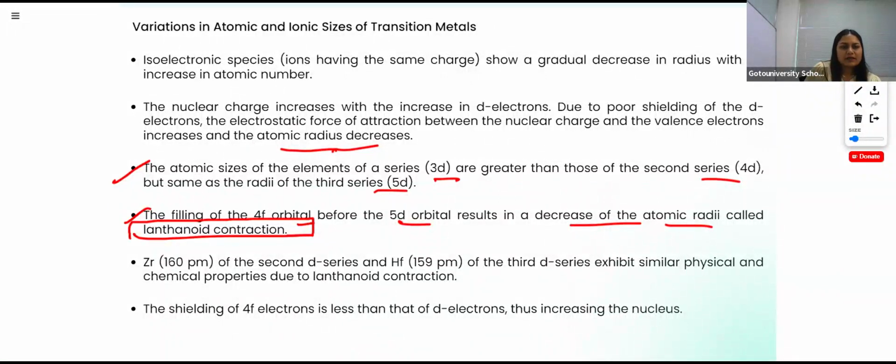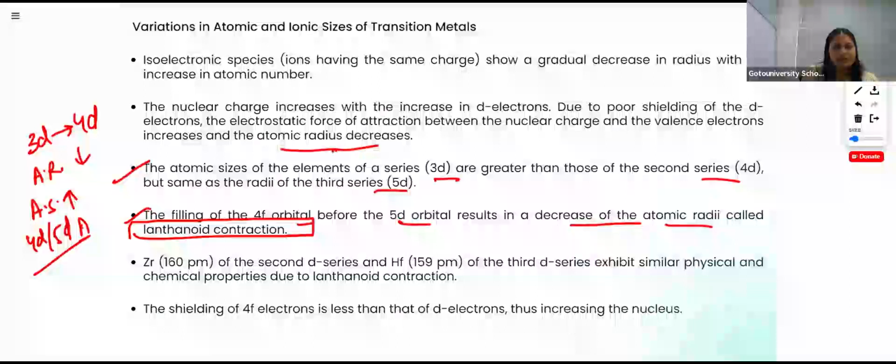So what we say here is that from 3d to 4d, we have a large difference in atomic radius. That atomic radius gradually increases because atomic size increases. As we know, 4d and 5d have almost the same atomic size. Why do they have the same atomic sizes?